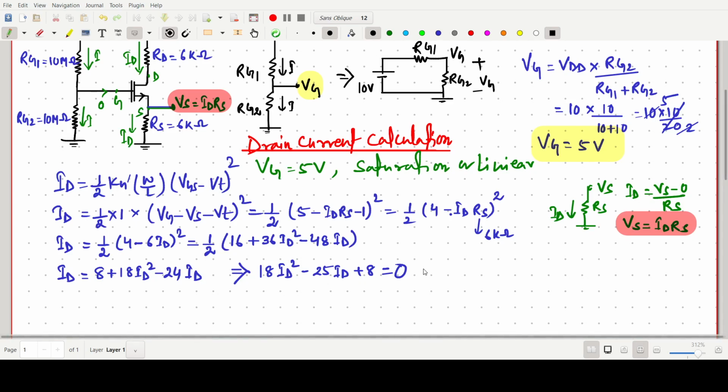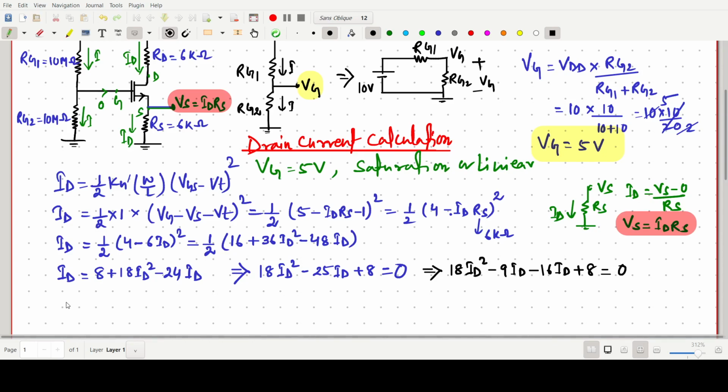So what we have to do? Once again, we can factorize this one. So this can be written as 9 ID minus 16 ID plus 8, because 18 into 8 is 144, and 16 into 9 is also 144. So like that we can do simple factorization, and you can use the quadratic equation concept.